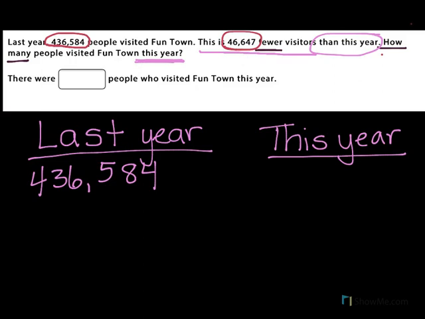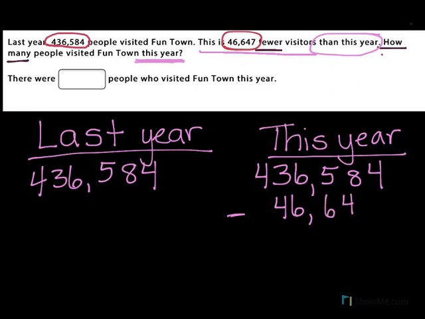Okay, so to figure out this year, we're going to have to subtract because last year there was 436,584 visitors, which is 46,647 fewer. So I'm just going to subtract.